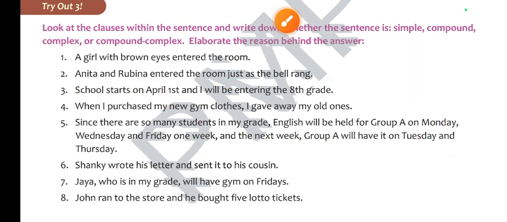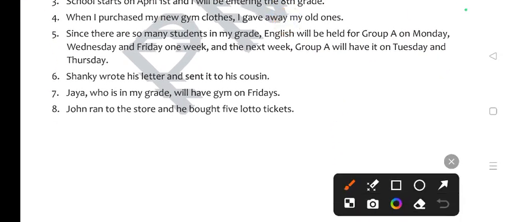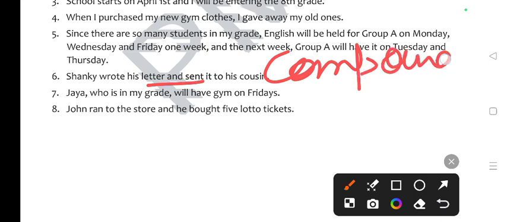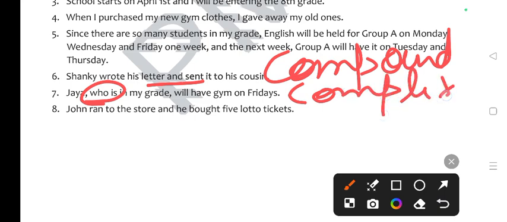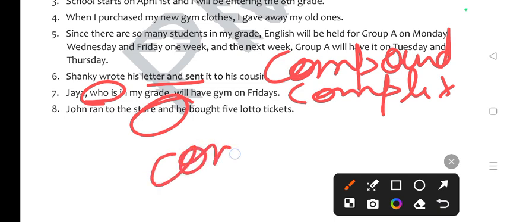Complex. Next, Shanky wrote his letter and sent it to his cousin. So and लग रहा है यहाँ पे. So this is an example of compound. Now look at this. Jaya who. This is complex. Okay. Now Jan ran to the store and this is compound.